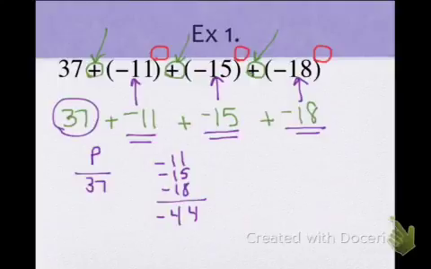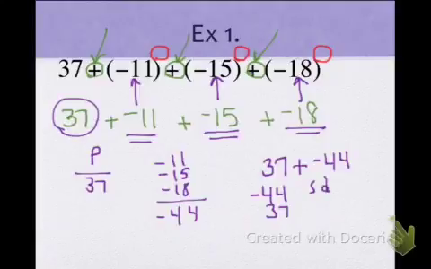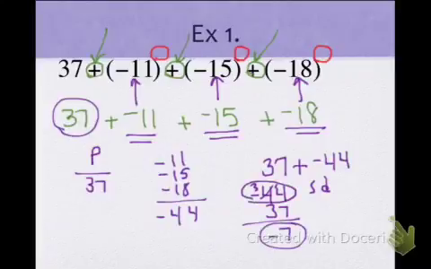So now I have an expression written as negative 44 plus 37, or 37 plus negative 44. So we're going to subtract because our signs are different. And as I subtract the old-fashioned way, we get 7. The larger absolute is negative. My final answer is negative 7.